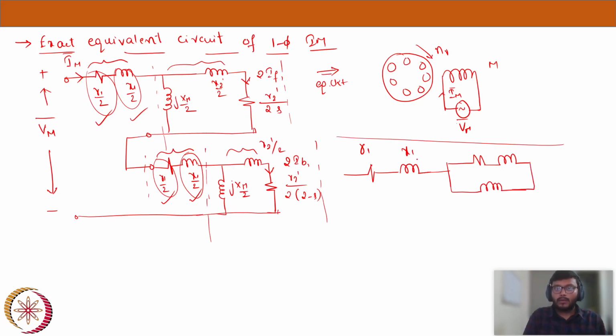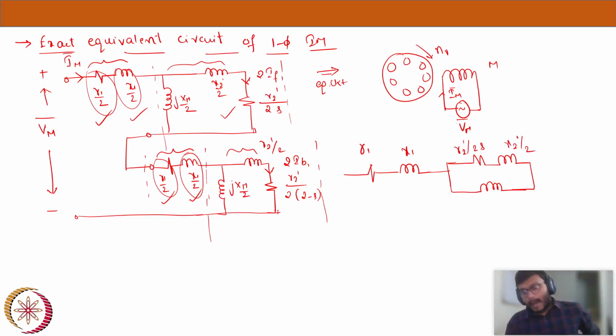This is the first parallel branch, where it is R2 dash by 2s, and this one is X2 dash by 2. So these can't be added up because they are inside a parallel circuit.